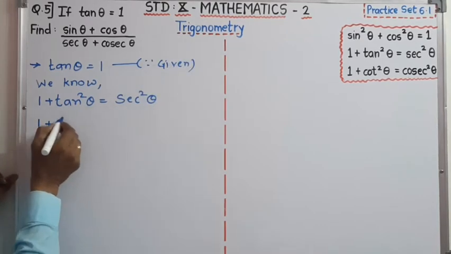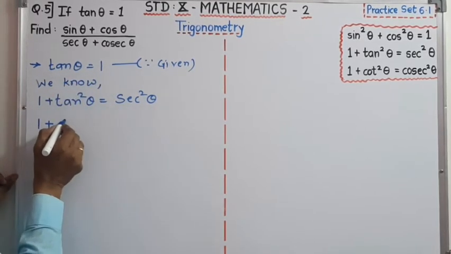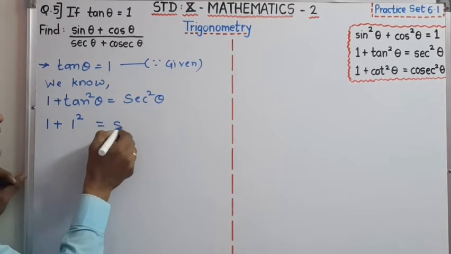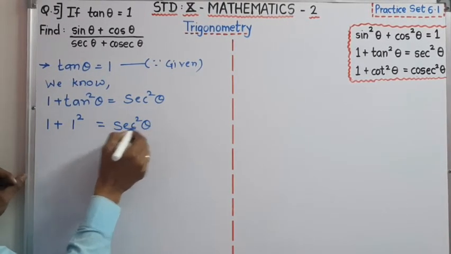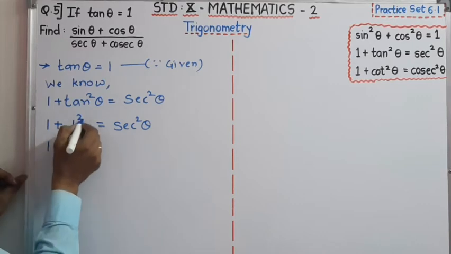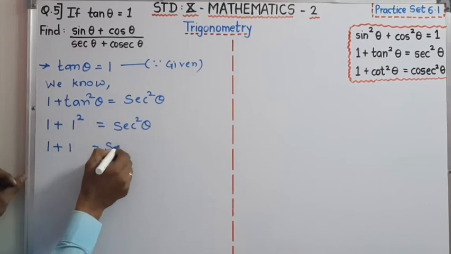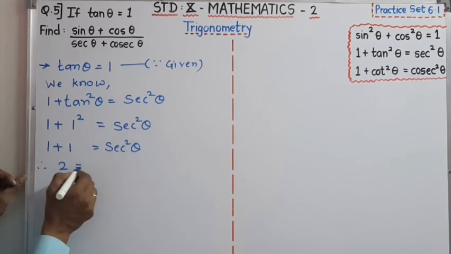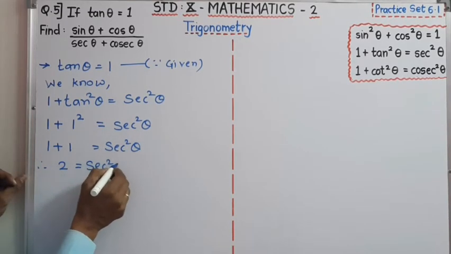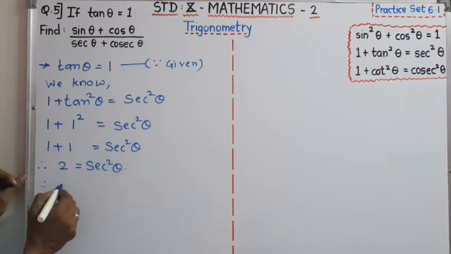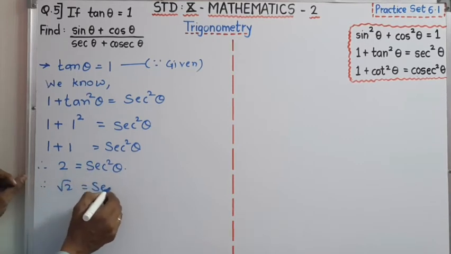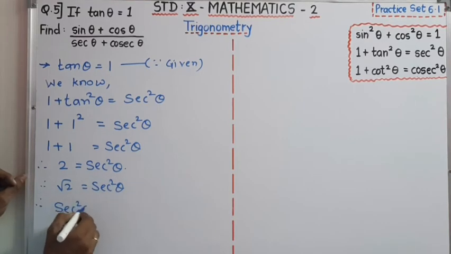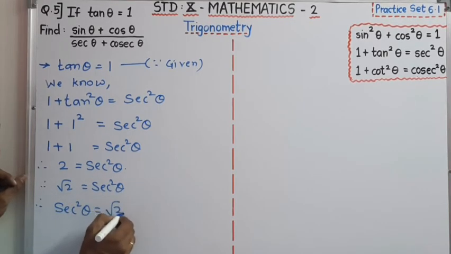So 1 plus tan theta is equal to 1, therefore we can write here 1 plus 1 square is equal to sec square theta. 1 plus square of 1, that is 1, is equal to sec square theta. Therefore 1 plus 1, it is 2, sec square theta is equal to 2. Taking the square root, root 2 is equal to sec square theta.